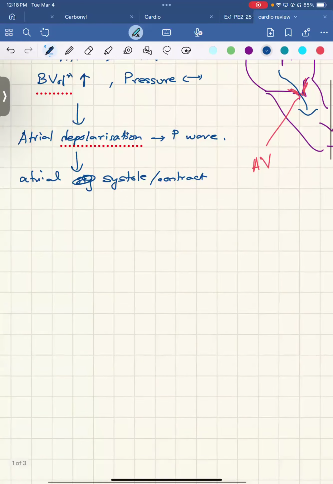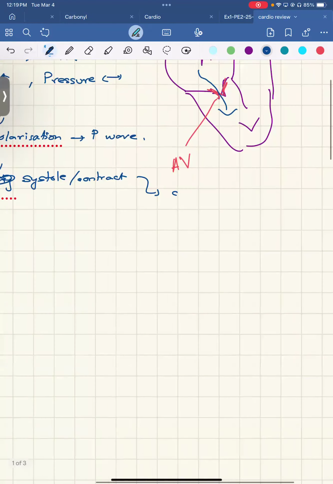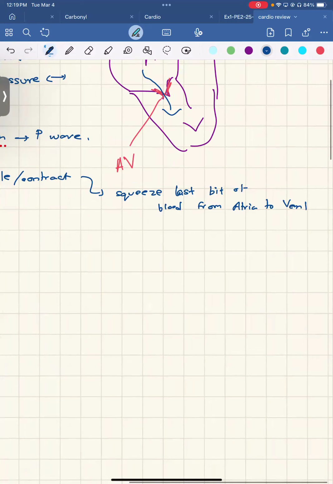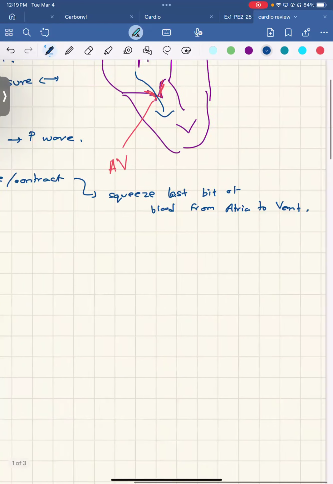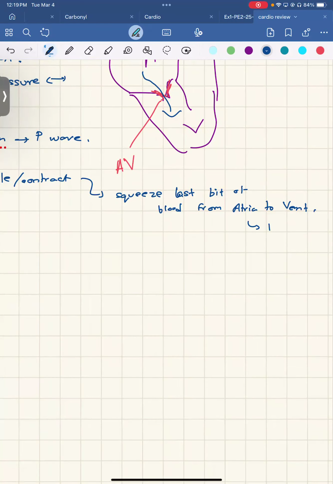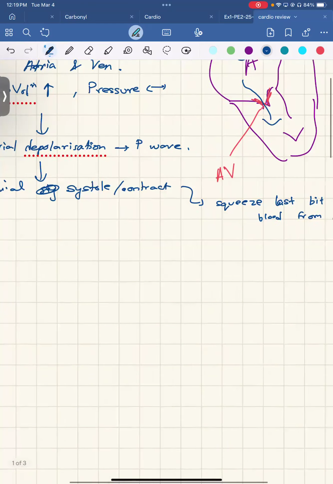They would contract, which would not do much, but squeeze the last bit of blood from the atria into the ventricles. And that would increase the pressure very slightly, just because they squeeze it.